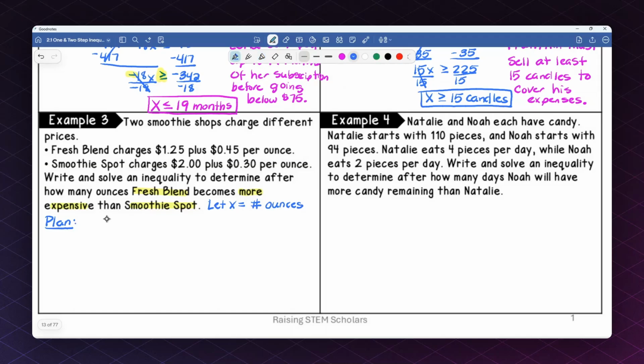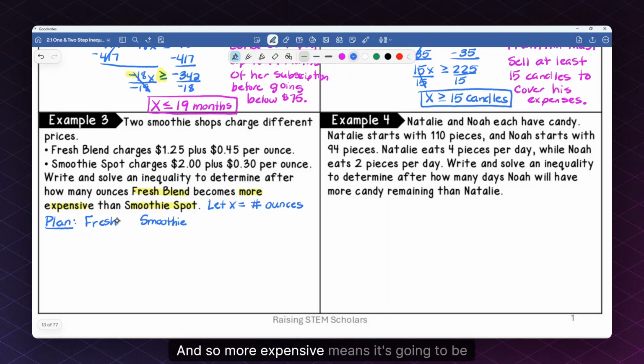Okay, so my plan is that Fresh Blend, and I'm just going to call this fresh rather than writing it all out, becomes more expensive than Smoothie Spot. And so more expensive means it's going to be this kind of sign, right? It's greater than. When is fresh greater than smoothie? And then you're like, well, what do we even put in for fresh and smoothie? Let's go define that a little bit more.